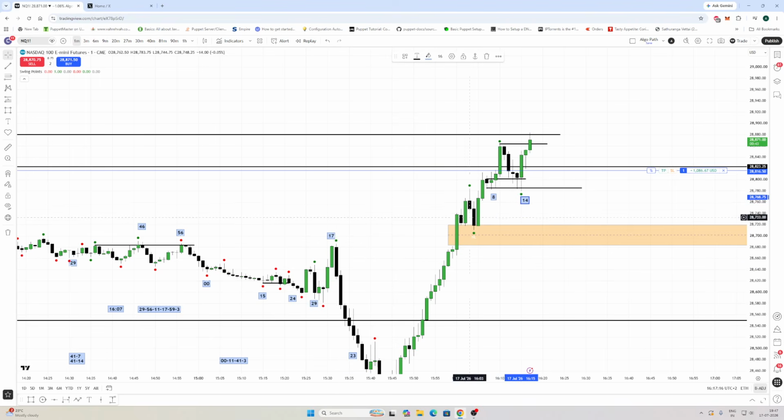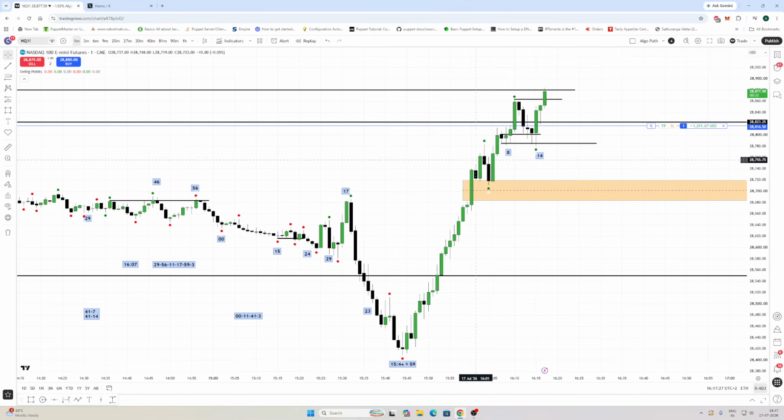Now with prop firms, you're not going to go with minis. You're going to go with micros, so you can still manage it like this, and everybody will go through stages where you think you know the market.